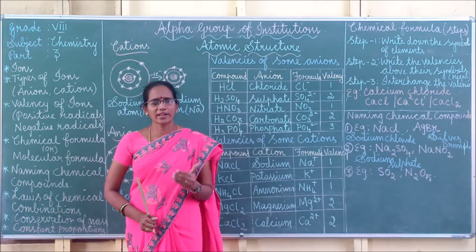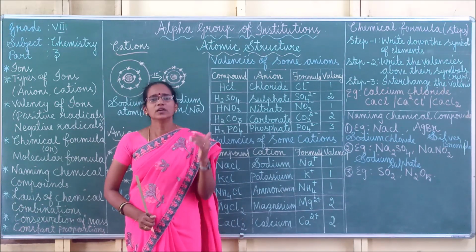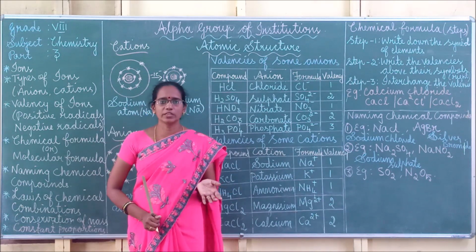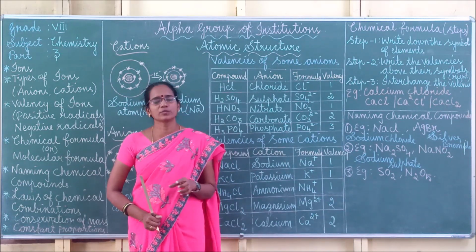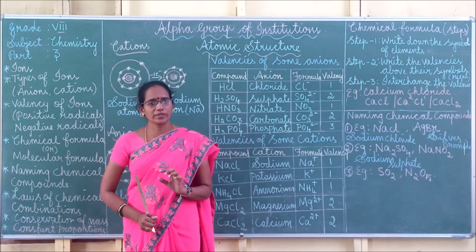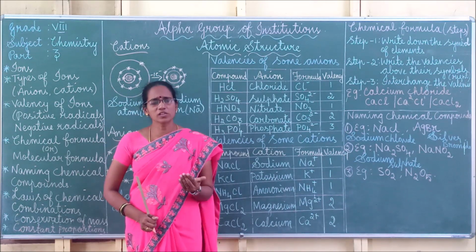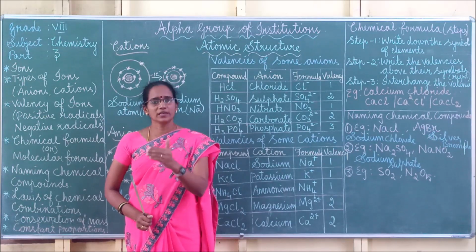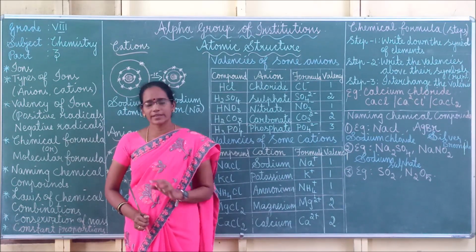If a greater number of oxygen atoms are there, then the suffix ate should be used. If fewer oxygen atoms, then the suffix ite should be used. For some chemical compounds we have to use prefixes like mono, di, tri, tetra, penta, like that.